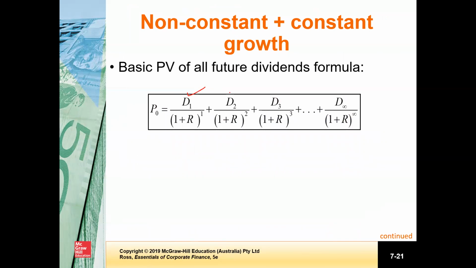We estimate the future dividends for a few years, and then we make a simplifying assumption that beyond that point, it should be either a constant dividend or a constant growth rate dividend. Okay, so we simplify it because it is not reasonable to estimate dividends in the distant future. Even if we do so, that will not be correct.